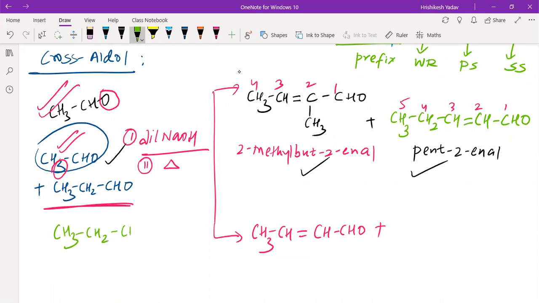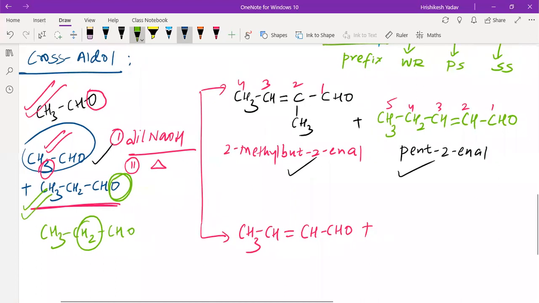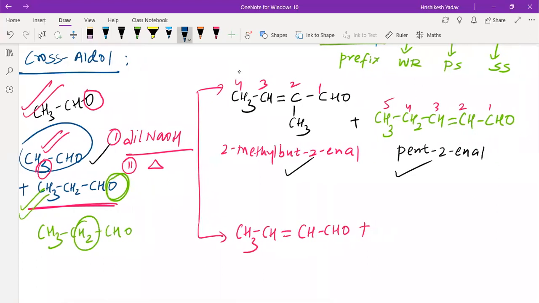You have to consider that. So oxygen of one and hydrogen of other. Start from this. So we'll get now CH3, CH2, CH, double bond C, down here CH3, and here we have CHO.